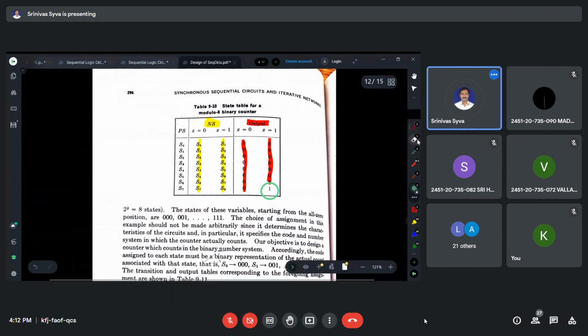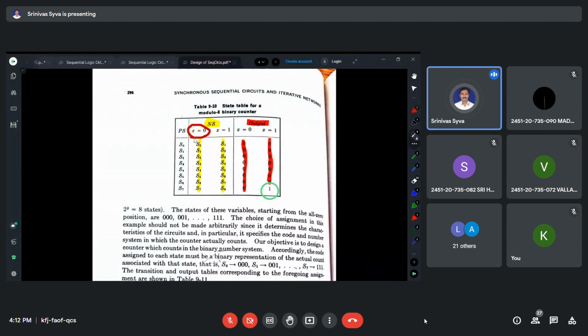When a pulse is not received, it is represented as x equal to 0. So the machine remains in the same state. See, S0 to S0, the next state will not change, under x equal to 0, that is, when the pulse is not received.